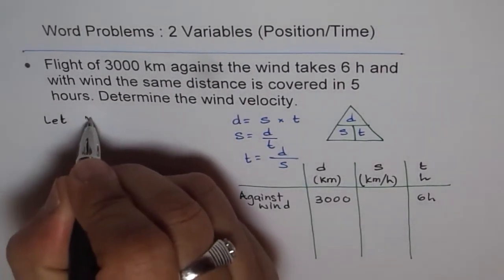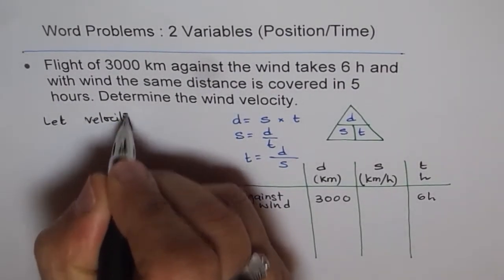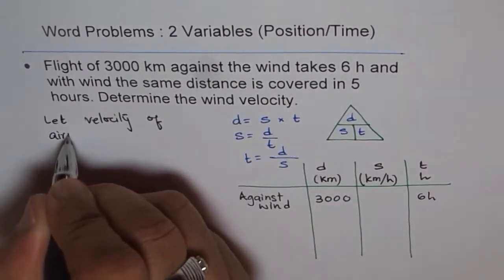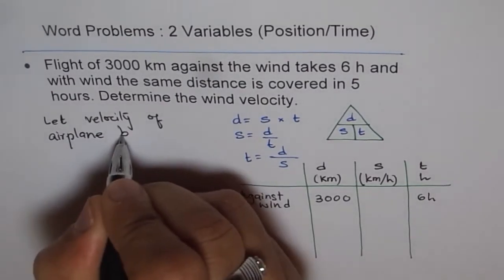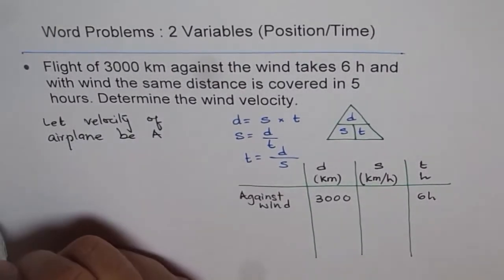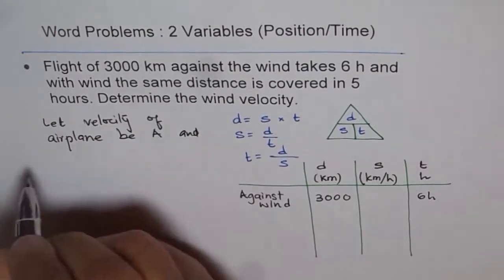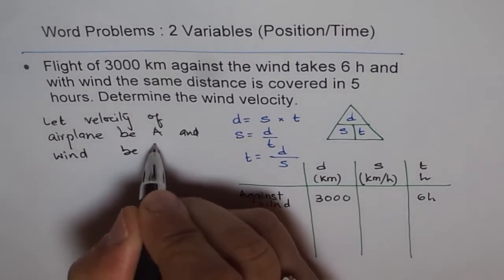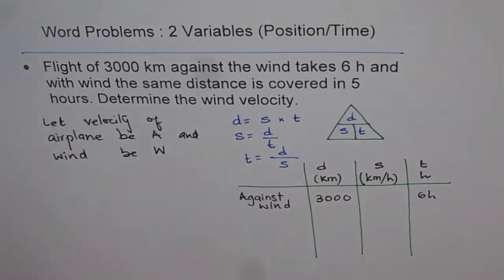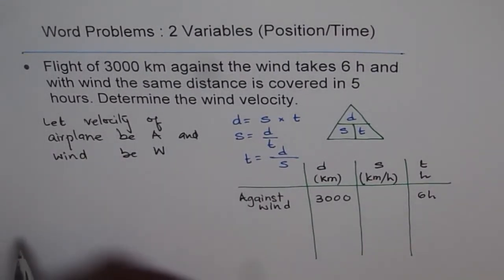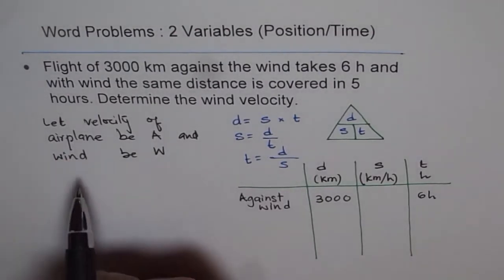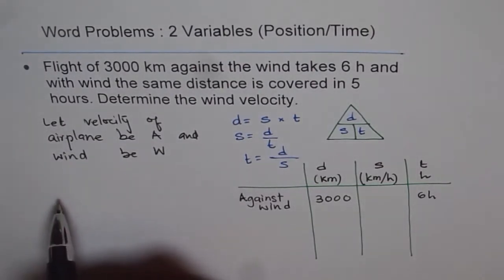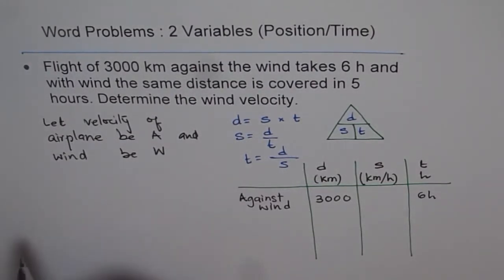Let velocity or speed of airplane be, let's say A, and of wind be, let's say W. So let A be the velocity or speed of airplane and let W be the velocity of wind.